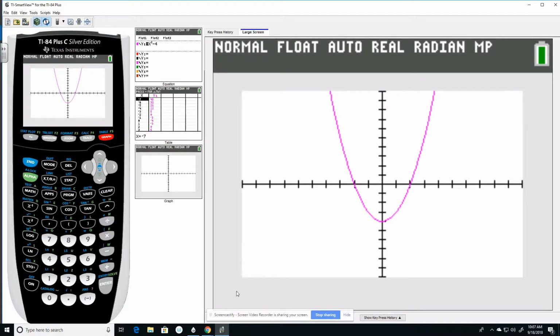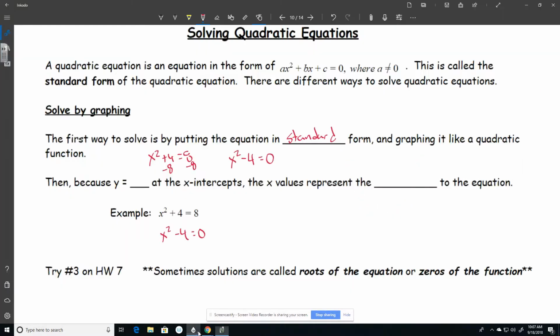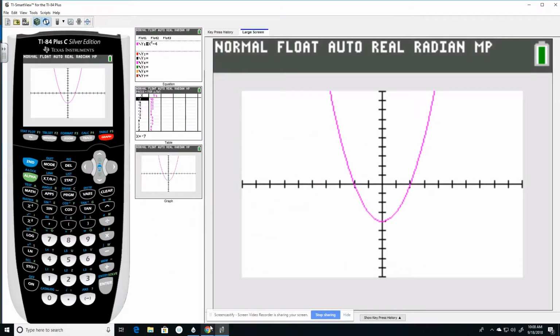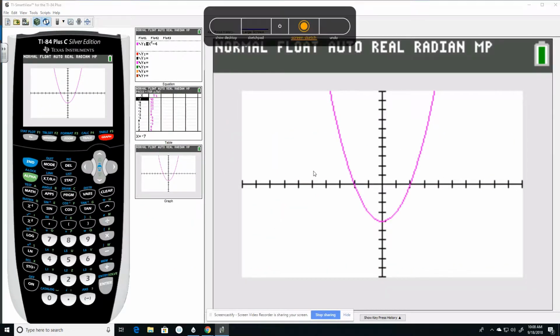Now, because I don't want x squared minus 4 equals y, I want a specific number for y. I want 0. So when I graph this, what I'm interested in is when y is equal to 0. So I look at my graph, and I look for my zeros.